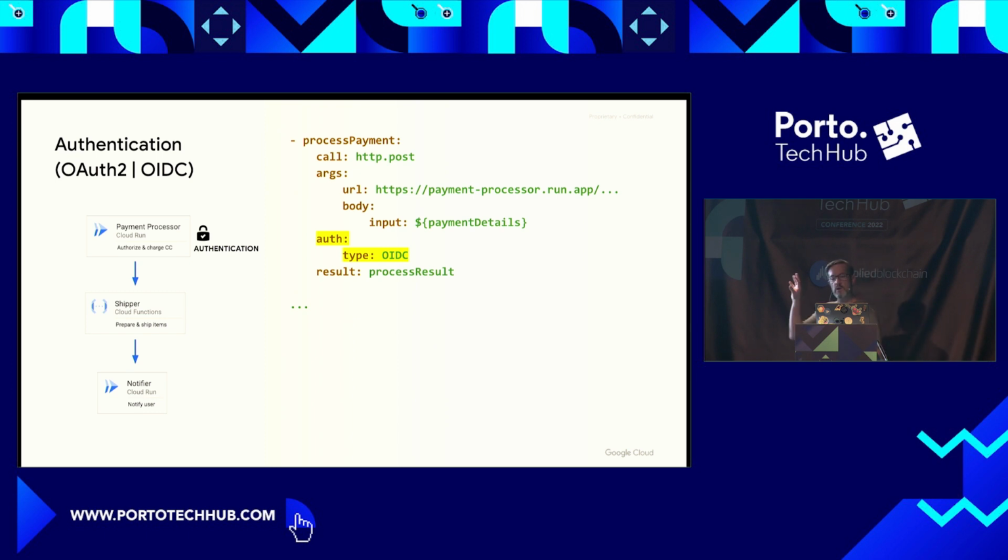You just say, okay, for this service, I'm going to use OpenID Connect to authenticate. Or if you use, like I mentioned, the machine learning APIs, for example, you would use OAuth2. And again, it would be auth type, OAuth2, that would be very declarative. So I don't have to really handle myself programmatically this authentication aspect.